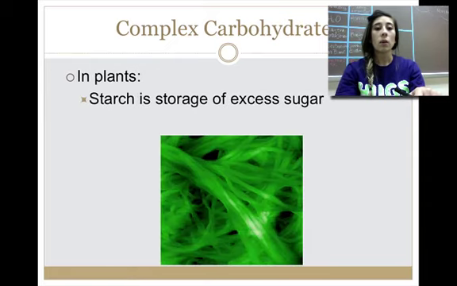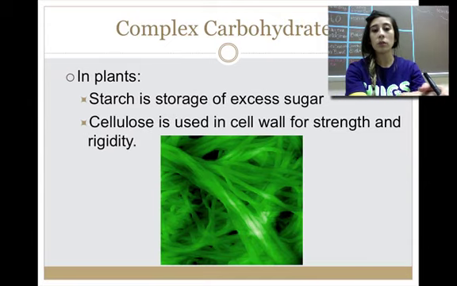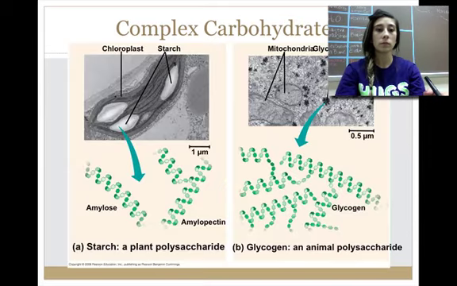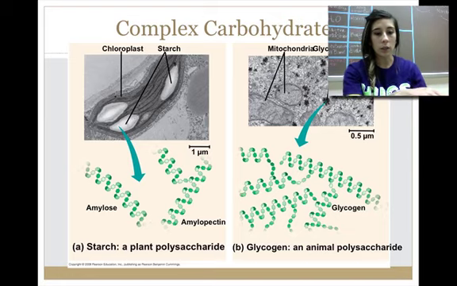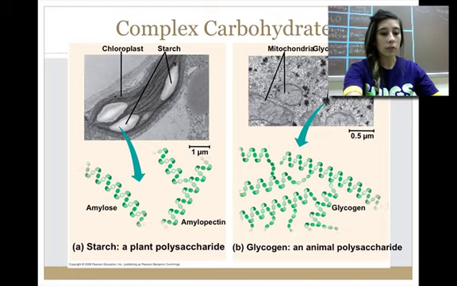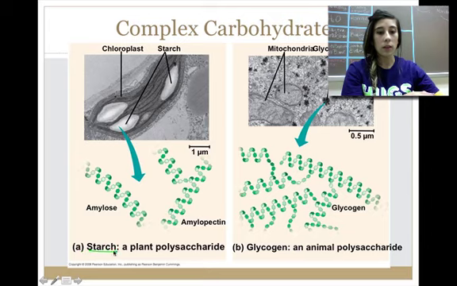In plants, we have starch, that is the excess sugar, and cellulose is also used within the cell wall and gives the cell wall strength and rigidity within the plant. So you can see an example here. We have on the left-hand side, we have the starch, which is the plant polysaccharide, and it is stored within these structures here.